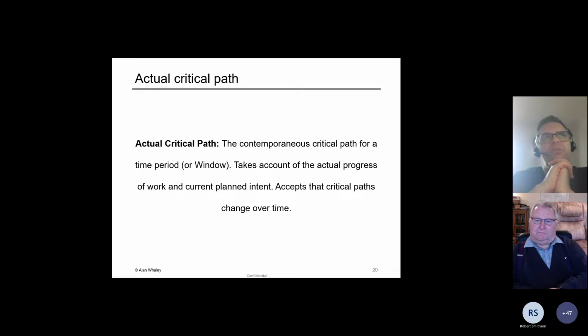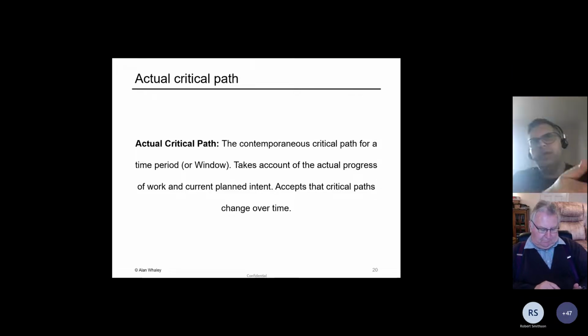Slightly more complicated concept is what's known as the actual critical path. And we have to think about this a little bit more. When we talk about the actual critical path, this is a formal term which describes the contemporaneous critical path at a point in time, say in a window or a period of time during the project. What we're trying to do here is slice the project into periods. This is why we hear about delay analysis using windows analysis mainly.